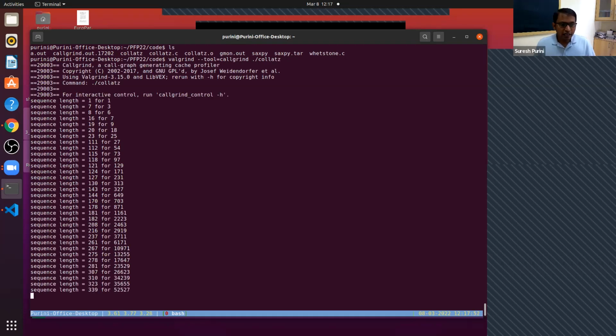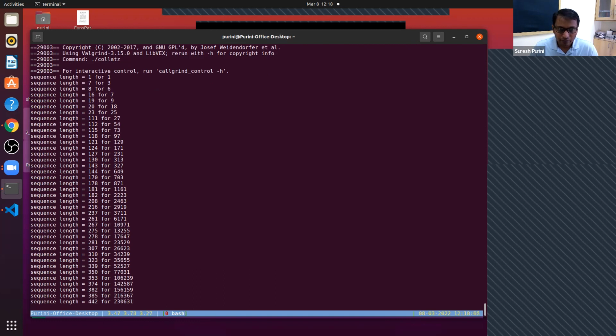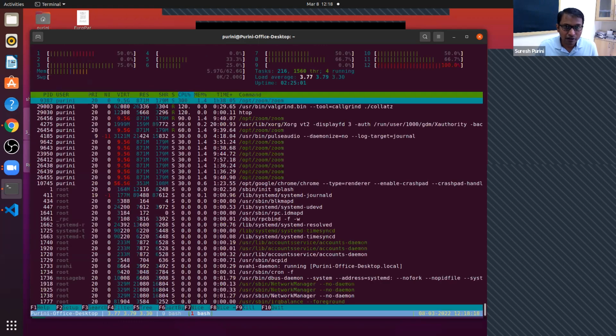Did you notice anything interesting between the previous program run and the current program run using Valgrind? The interesting thing for me is that the fan on my CPU went up and started making noise.